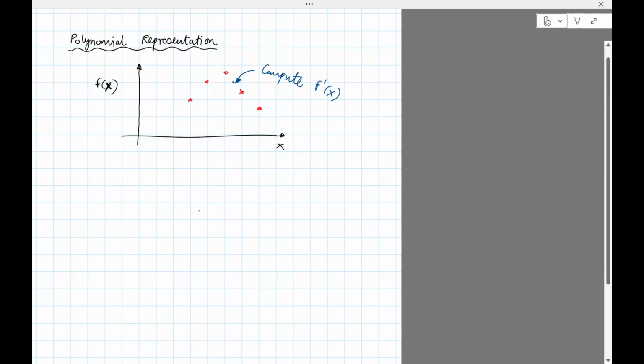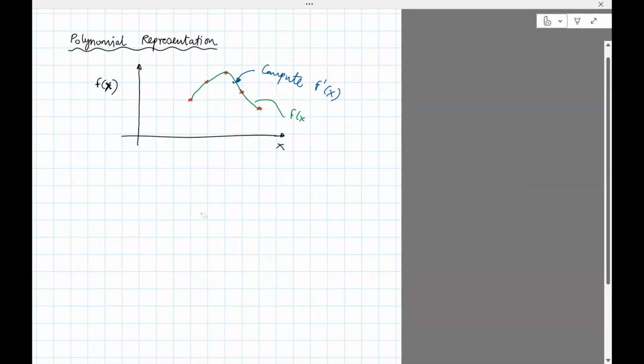So you will fit a curve a0 plus a1x plus a2x square plus a3x cube plus a4x4.